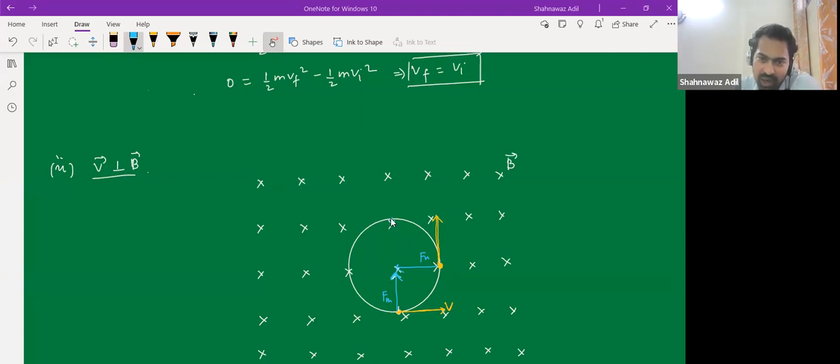Now the particle is going in this direction, and you will see that the magnetic force is in this direction. When the particle reaches here, this is the velocity, and you can check the direction of the force. You can see that this force is pointing towards the center, right?